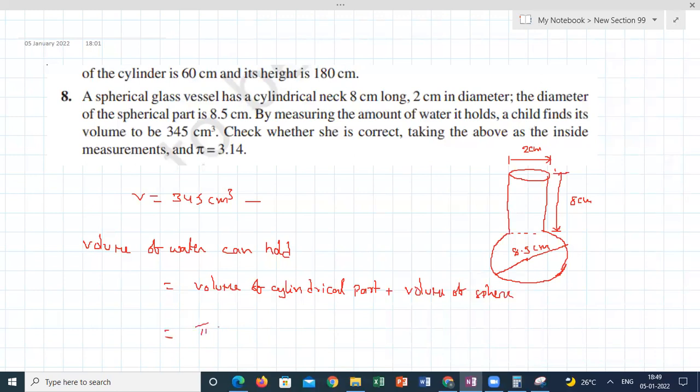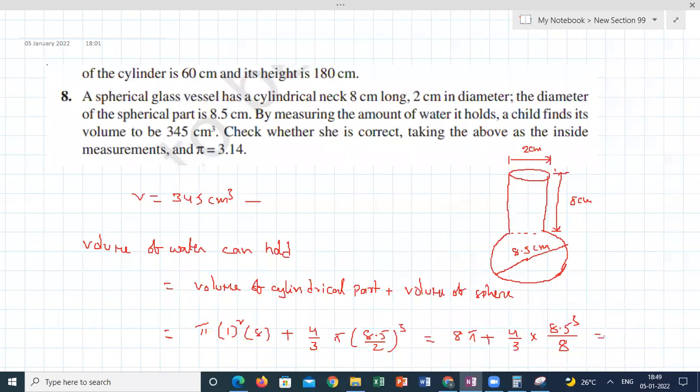So pi r square h, that is r is 1, square, h is 8, plus 4 by 3 pi r cube. r is 8.5 by 2, whole cube. So this will be 8 pi plus 4 by 3 pi into 8.5 cube by 8.